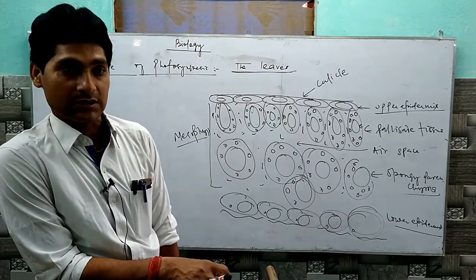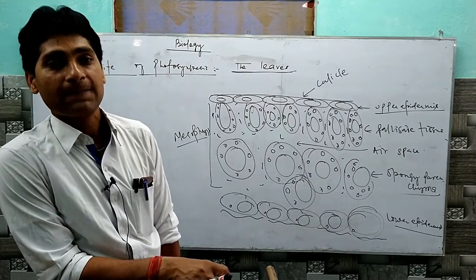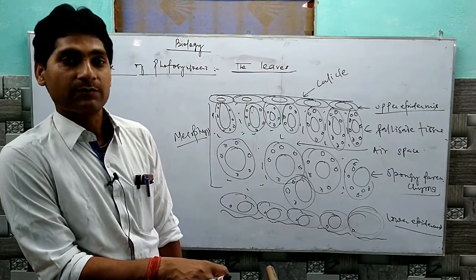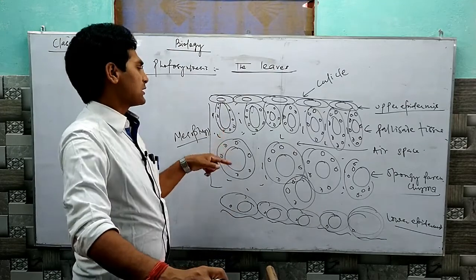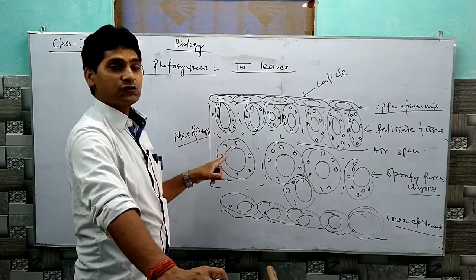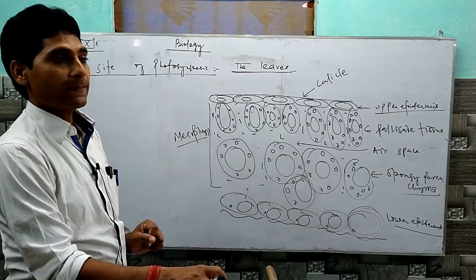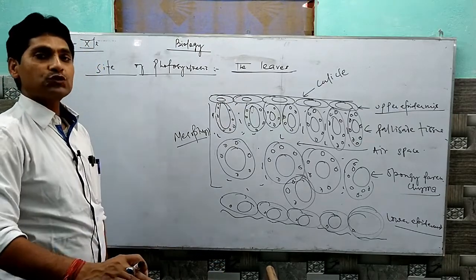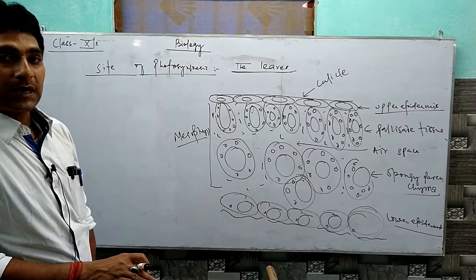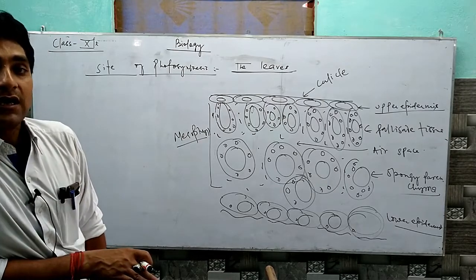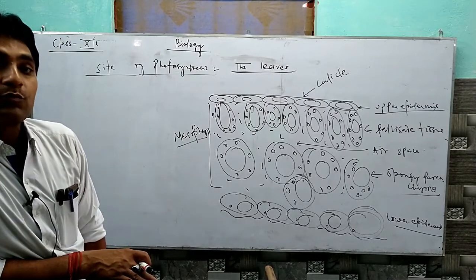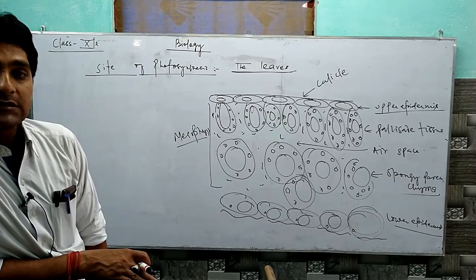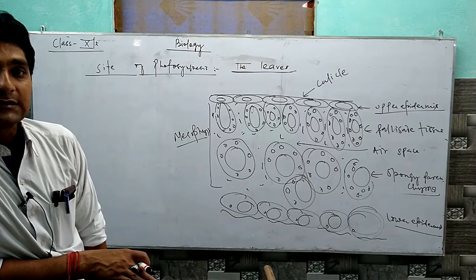The lower epidermis is mainly responsible for the exchange of gases in plants. Dear students, this is the cross section of the leaf that we studied, and now we should know about the chloroplast. Just as I told you, the chloroplast is the main cell organelle in the plant cell where photosynthesis takes place.